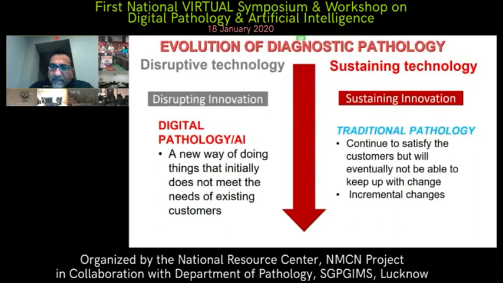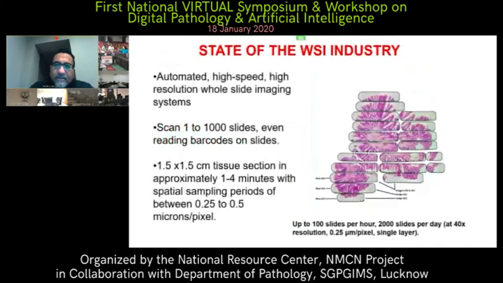If you look at the state of the whole slide imaging industry today, we have the ability to automate and use high resolution whole slide imaging systems, which you can load up to 1,000 slides at one time, with a resolution up to 0.25 microns per pixel.